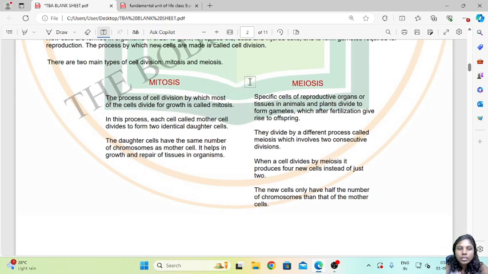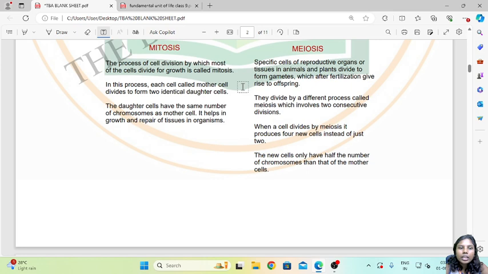In mitosis, the process of cell division by which most of the cells divide for growth is called mitosis. This cell division is mostly related to the growth of the cells. In this process, each cell, called a mother cell, divides to form two identical daughter cells.